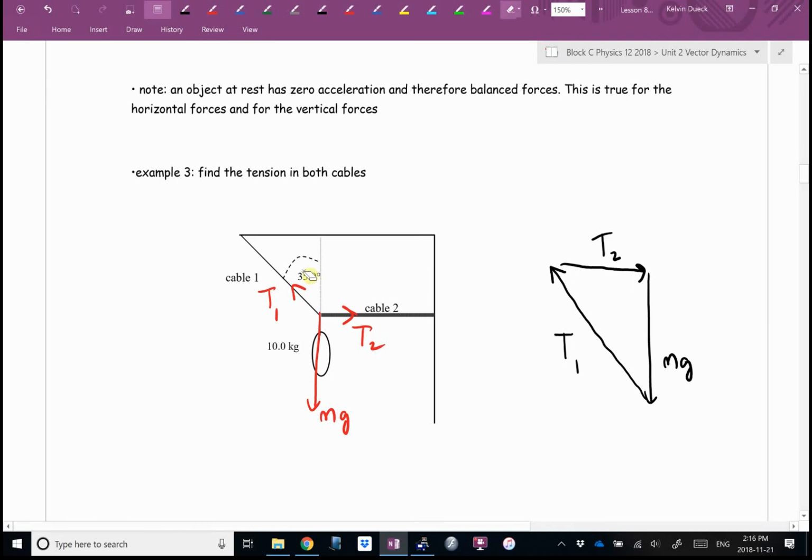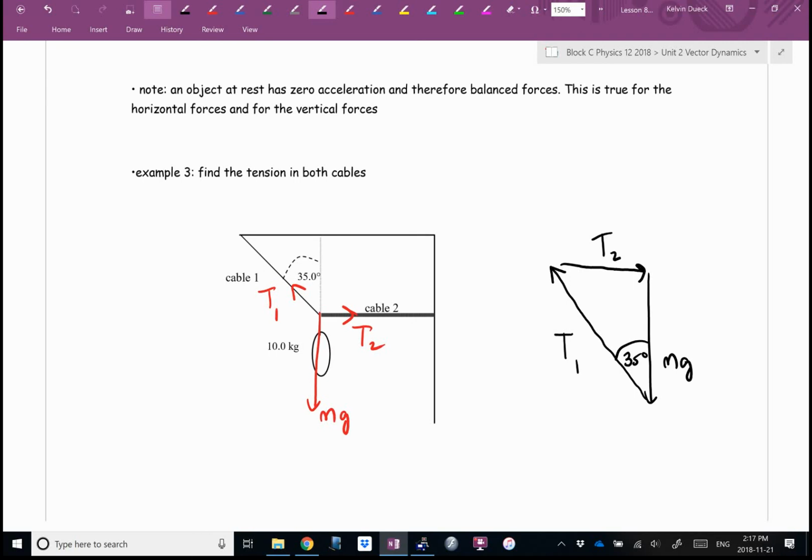Well, I noticed this 35-degree angle is between a slanty line and a vertical line. I'm pretty sure that 35 degrees goes right there, because that's between a slanty line and a vertical line. I didn't use geometry there. I was just kind of clever by saying this angle must show up.